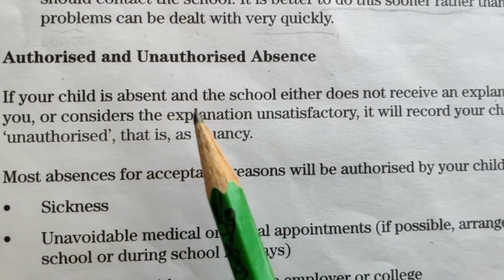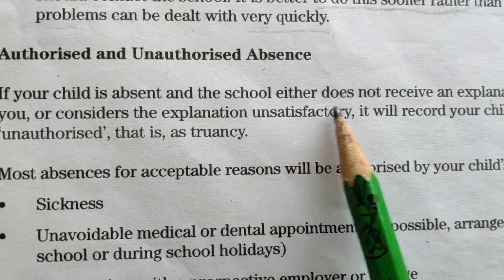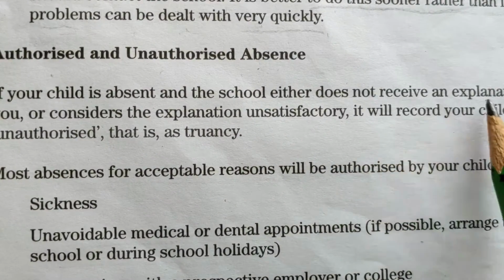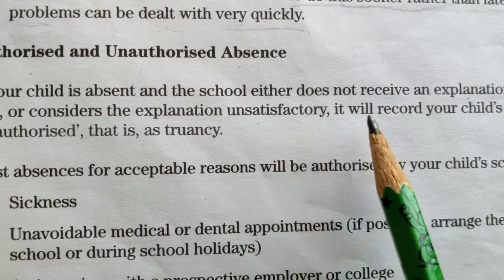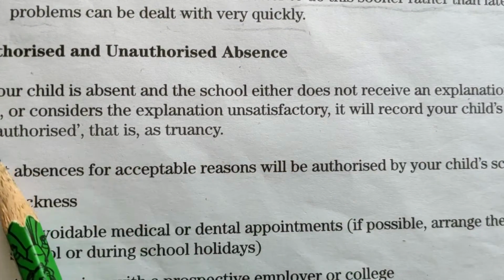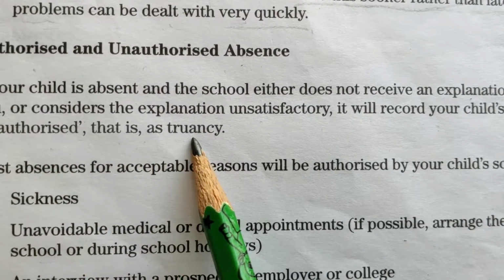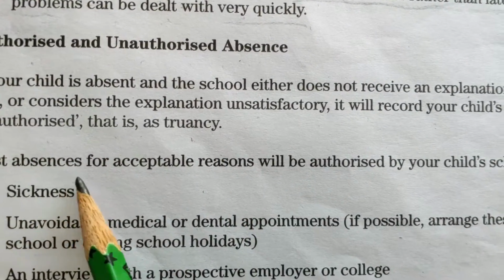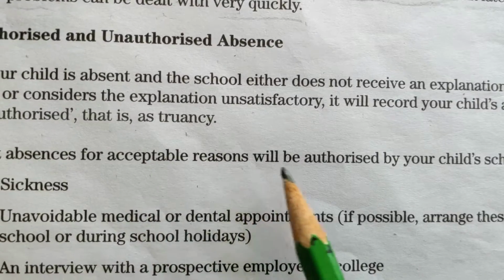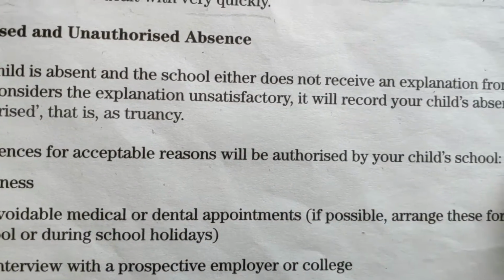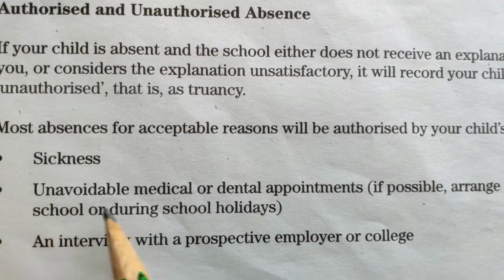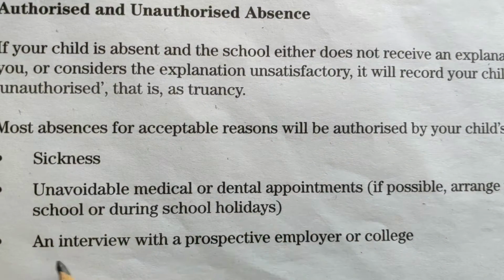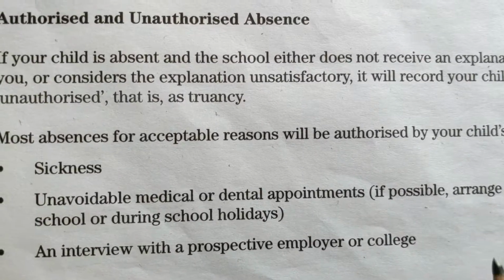If your child is absent and the school either does not receive any explanation from you or considers the explanation unsatisfactory, it will record your child's absence as unauthorized. This is known as truancy. Most absences for acceptable reasons will be authorized by your child's school: sickness, unavoidable medical or dental appointment, an interview with a prospective employer or college.